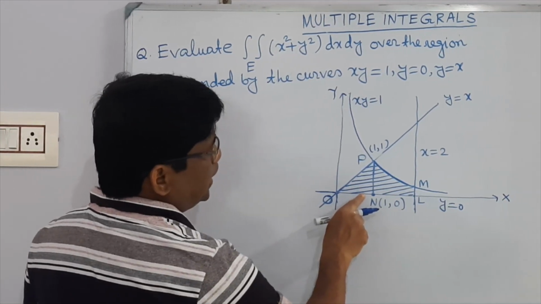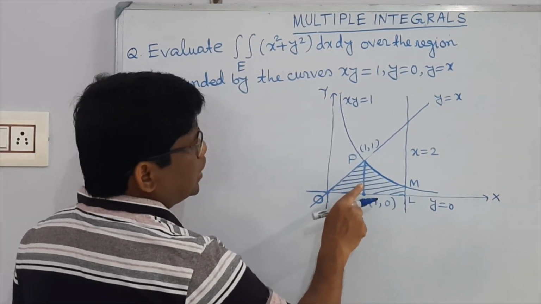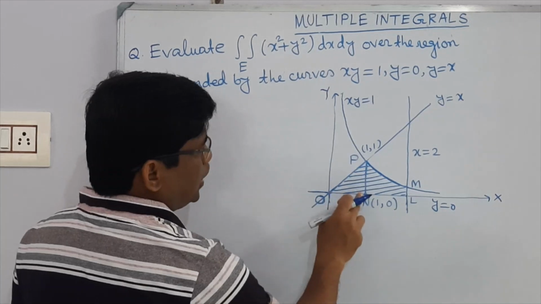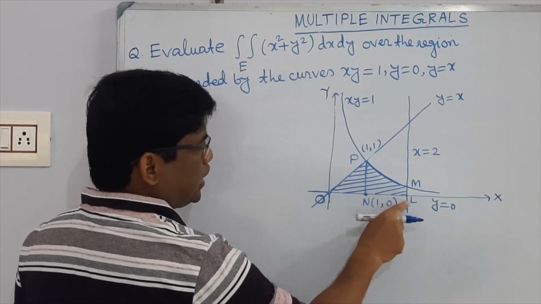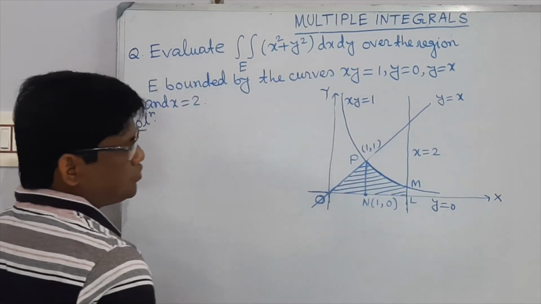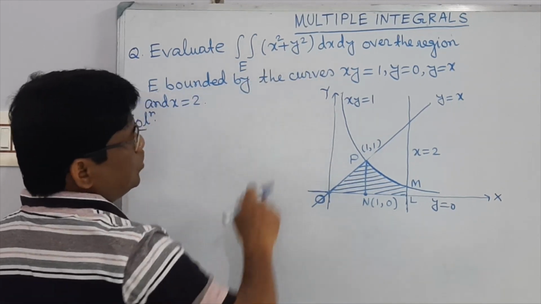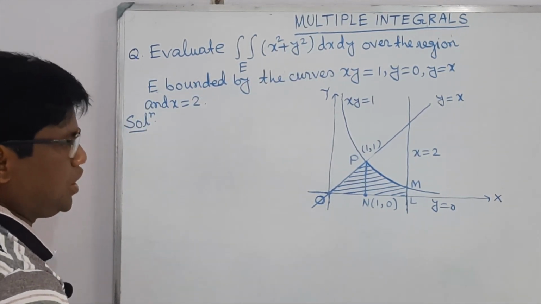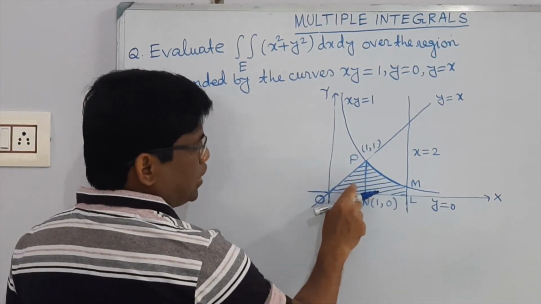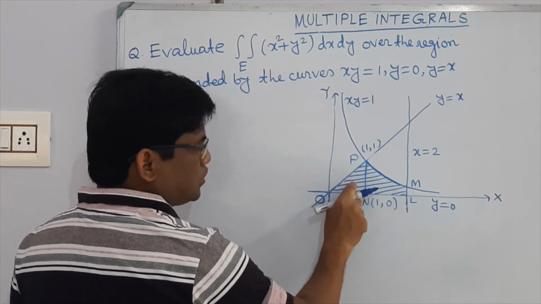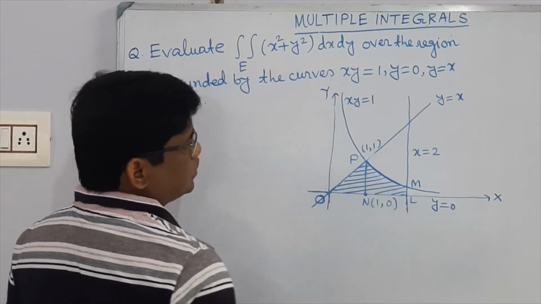The region E can be split into two regions, O N P O and P N L M P. The integration over E of x square plus y square dx dy is equal to the integration over this subpart plus the integration over this subpart.